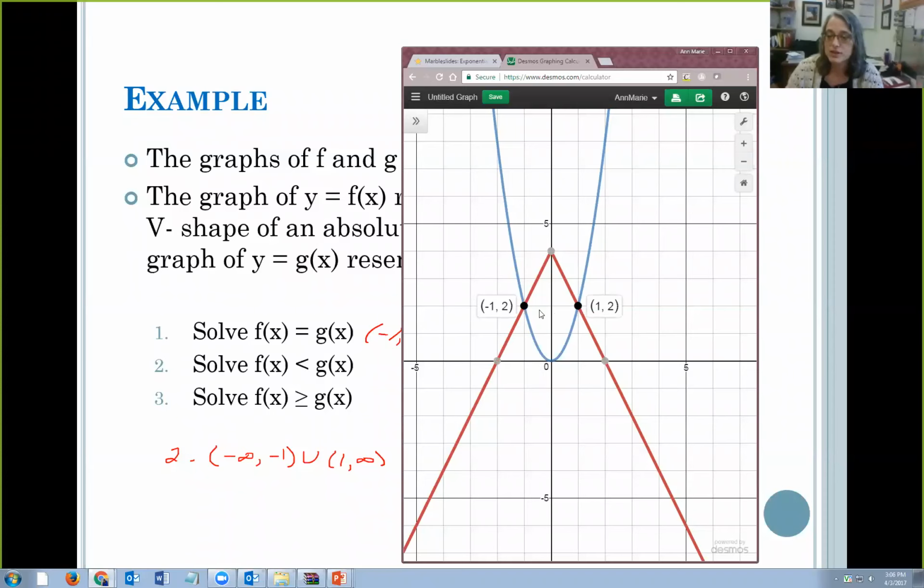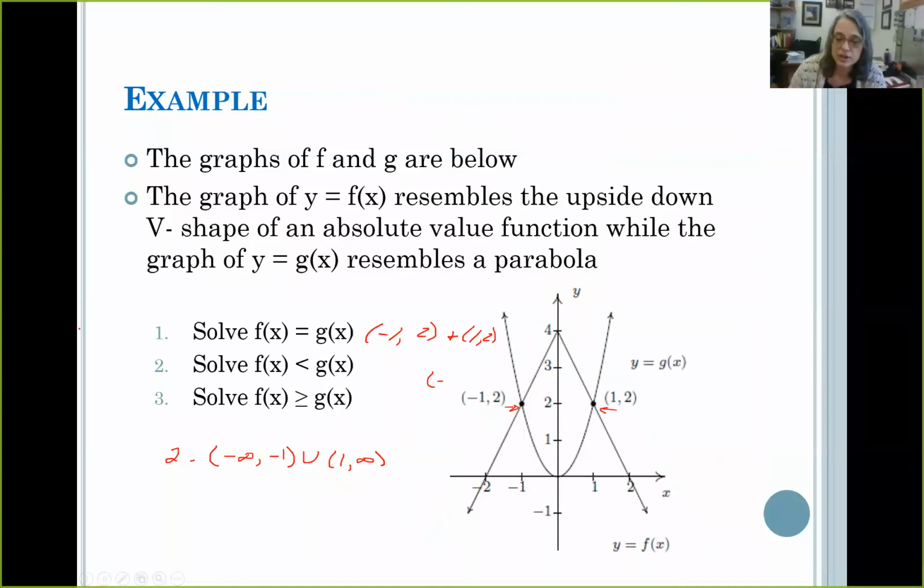Or in other words, x is between and including -1 to 1, and the including is because of this equality sign right here. So the answer to number 3 is all x's between -1 and 1, or the other way we can say that is -1 is less than or equal to x is less than or equal to 1. Okay?